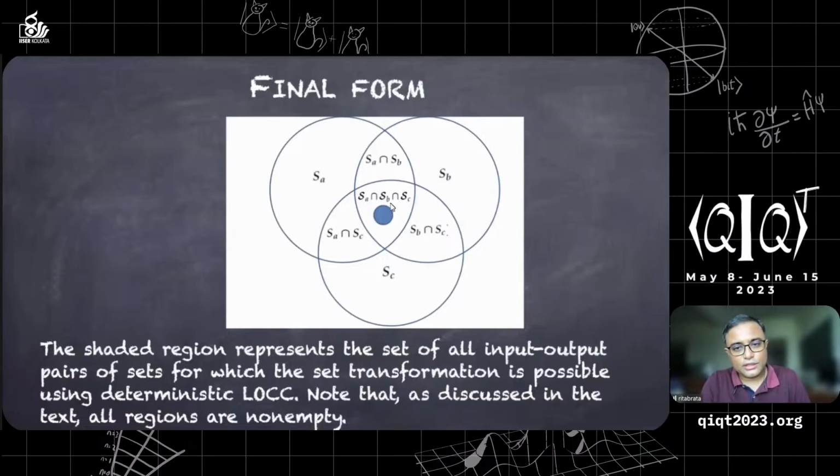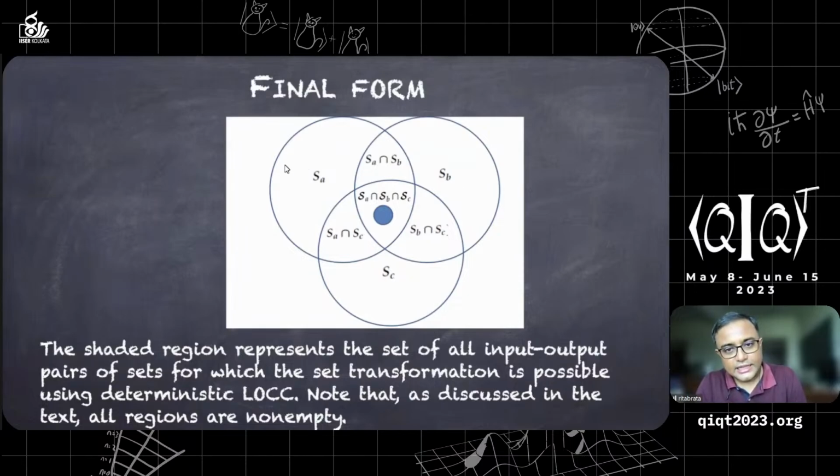SB is the set of all situations in which the condition B is satisfied. SC is the case where the condition C is satisfied. Then we have found out, you can check the full paper, but I don't want to give all the situations, that the portion where none of the conditions is satisfied is non-empty.